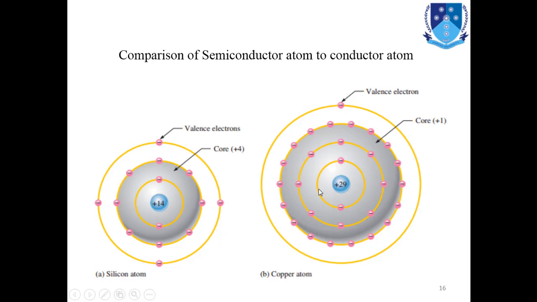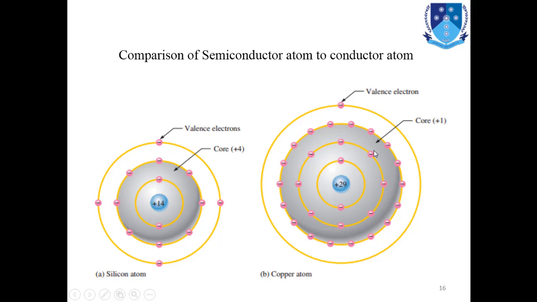In the first shell there are 2 electrons, in the second shell there are 8, while in the third shell there are 18 electrons. In the fourth shell of the copper atom there is only 1 electron, termed as a valence electron.